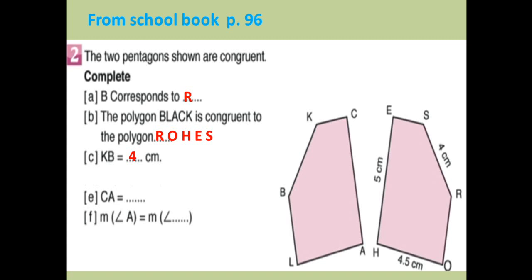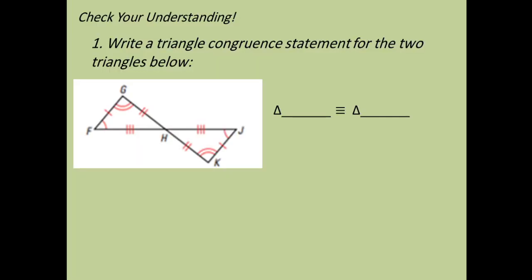So it will be EH. You will write 5 if he writes centimeter. Measure of angle A equals measure of angle which vertex corresponds to A? It will be H.